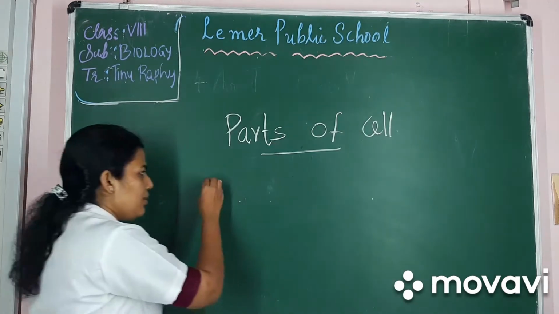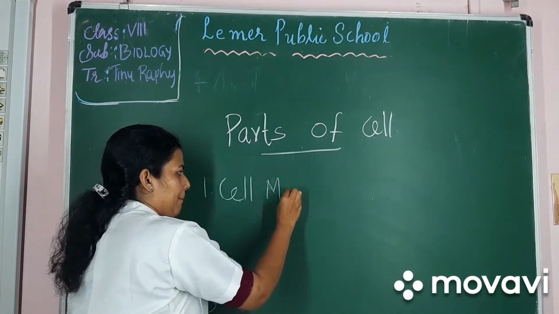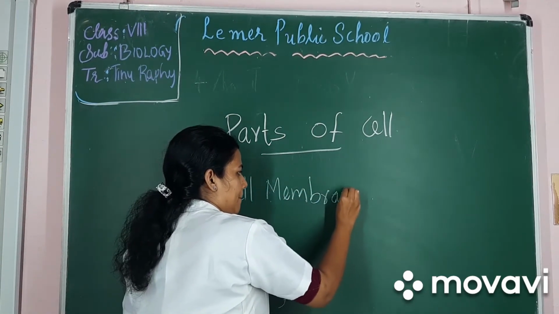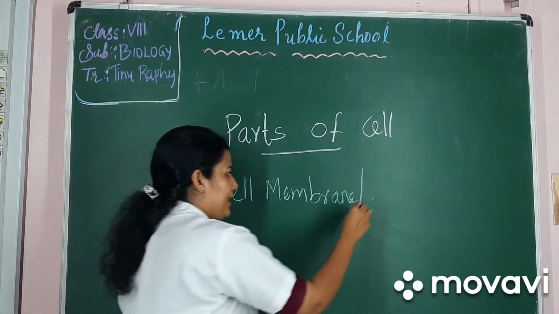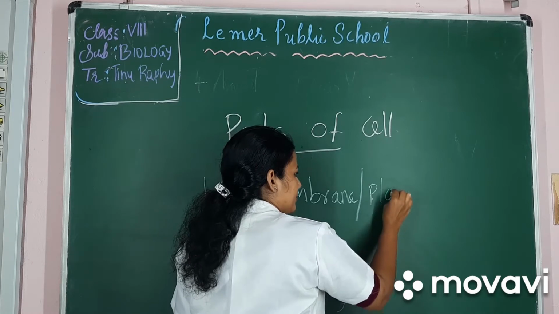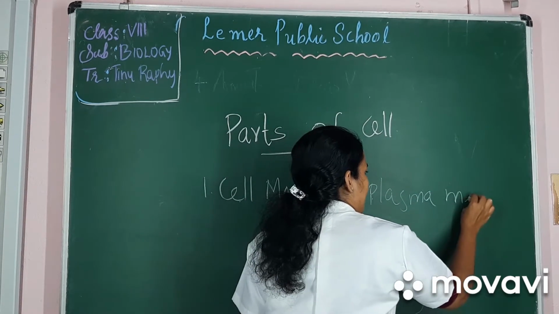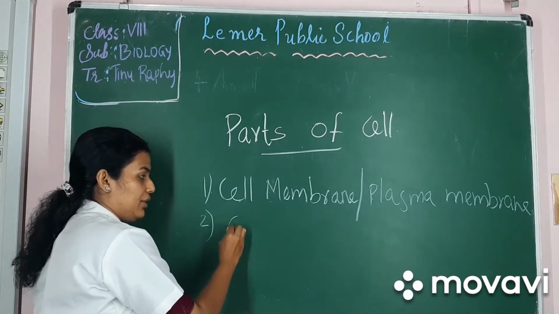They are, first one is the cell membrane, or plasma membrane. Second part is cytoplasm.